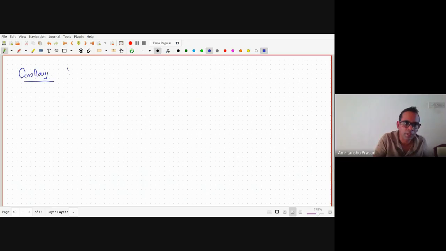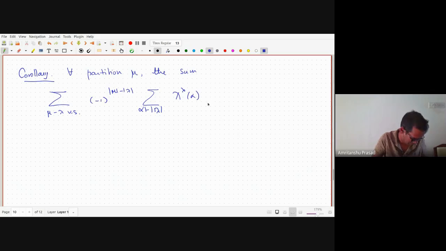So what we're saying is that for every partition mu, the sum is greater than or equal to 0, just because we computed the Frobenius characteristic of a true representation of Sn, so it has to be positive.